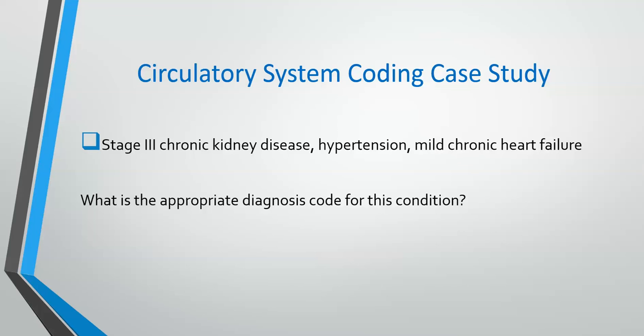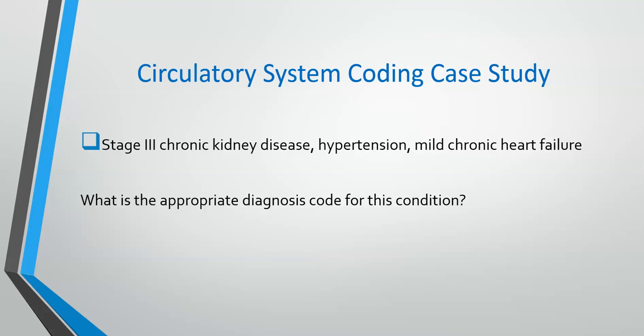Chronic kidney disease. Next, we want to code the chronic heart failure. So you want to reference failure, heart. You can pause at any time if I'm going too fast. So you see it's I50.9. There is no indentation for chronic.